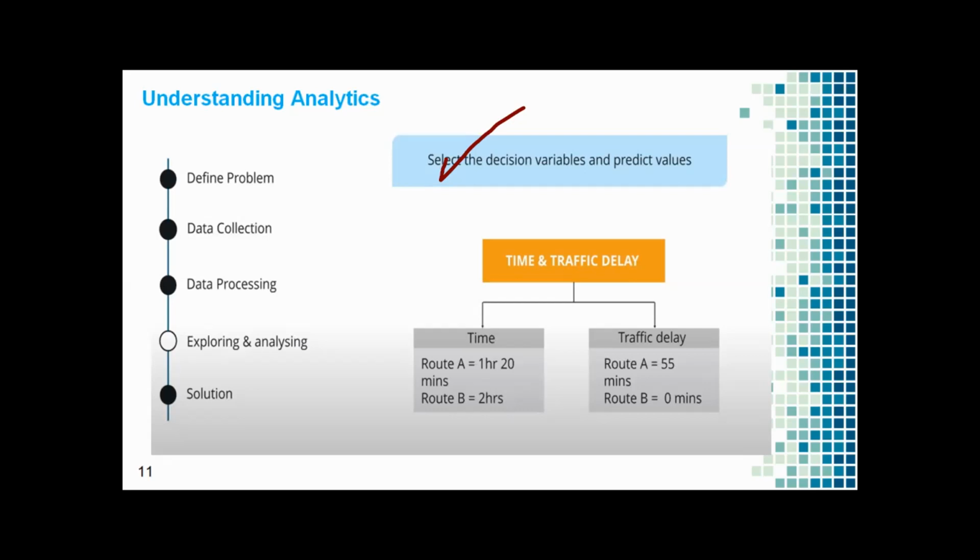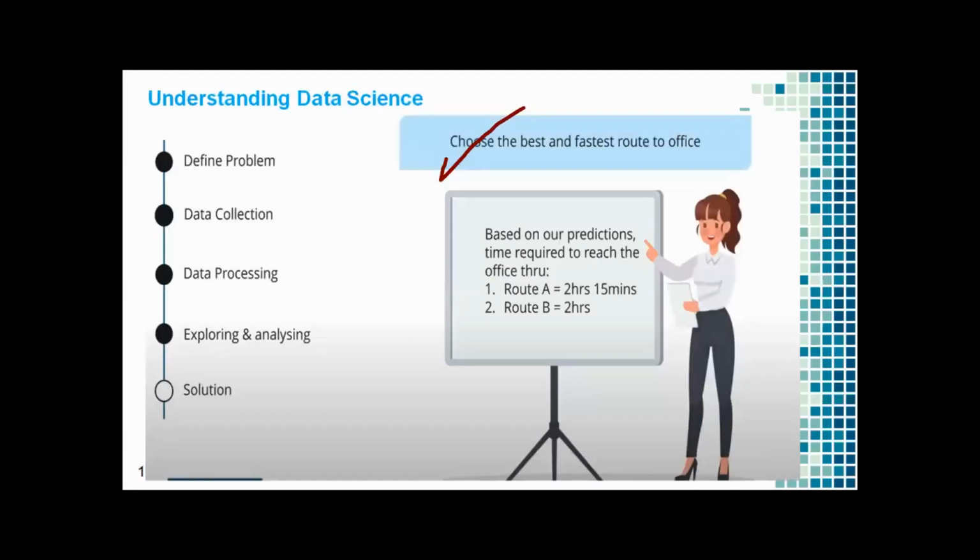In route B, it generally takes 2 hours because this is a little longer distance. And on route B, traffic delay is 0 minutes because there is no traffic. Then what will happen? On route A, total time taken is 2 hours 15 minutes, and on route B, 2 hours.